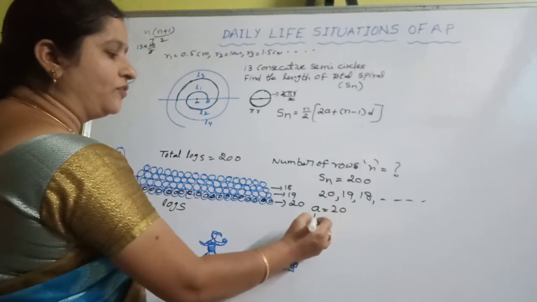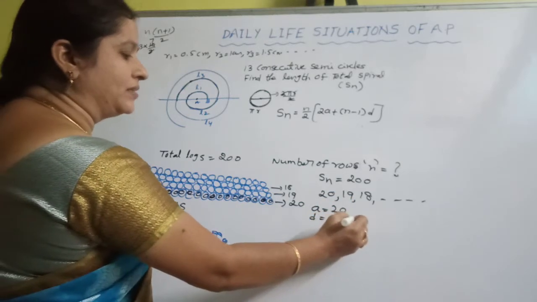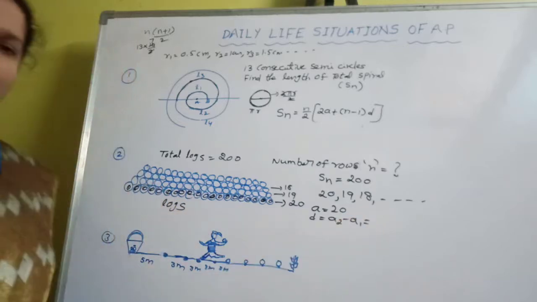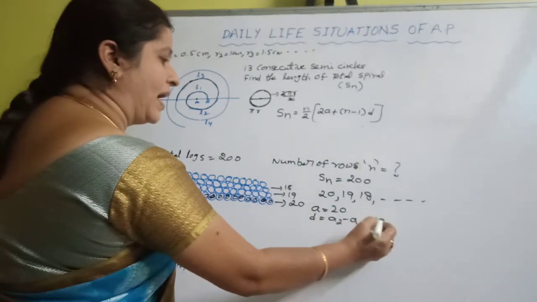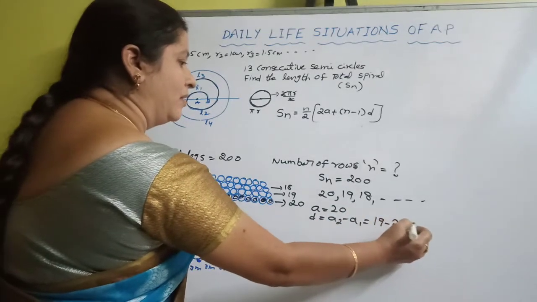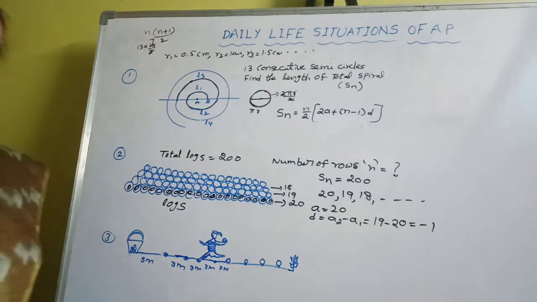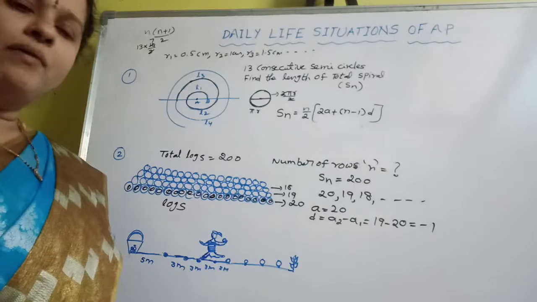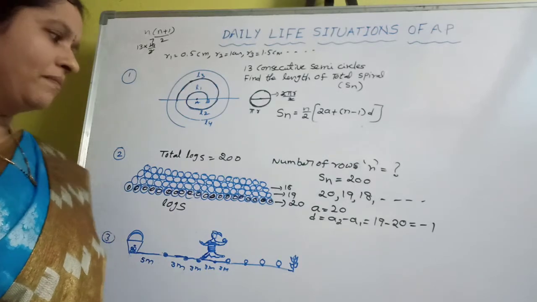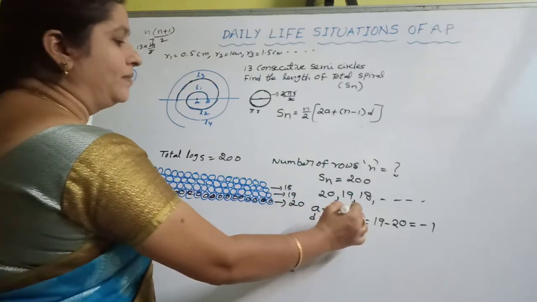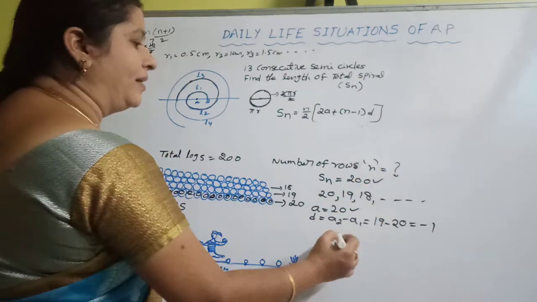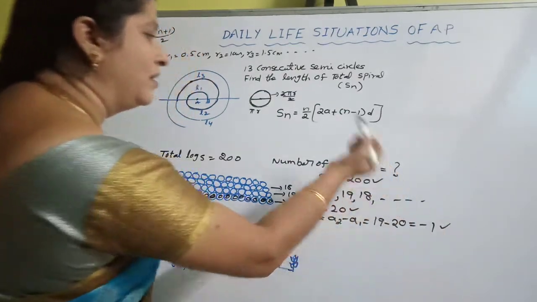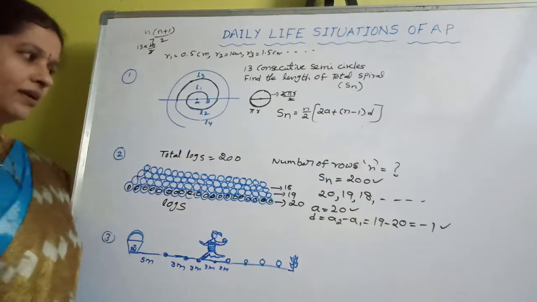The common difference d equals a2 minus a1, which is 19 minus 20, a negative value. If the series is in decreasing order, the common difference is always a negative number. So a is 20, Sn is 200, d is minus 1. Find the n value.